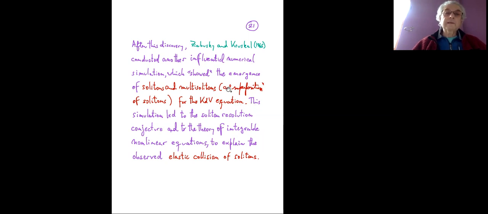This numerical simulation led directly to the formulation of the soliton resolution conjecture that I just mentioned, but also to the theory of integrable nonlinear equations, because in one of the experiments, they saw that if you start with two different solitons evolving under the Korteweg-de Vries equation, and they travel at different speeds, once they collide, the collision is elastic in the sense that they emerge after a while unscathed. They preserve their shape as if they were solutions to a linear equation, which of course they're not.